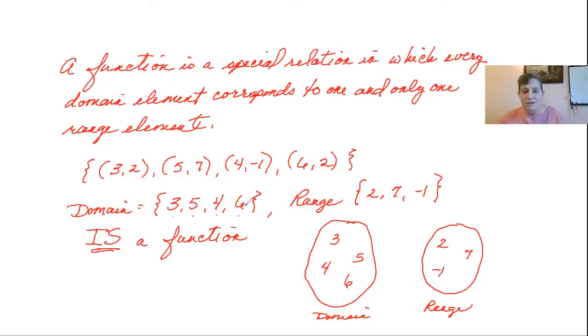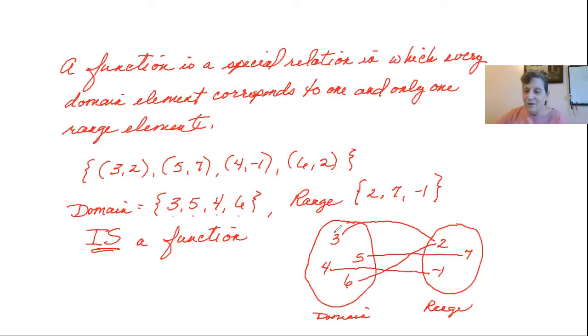Now, my correspondence is just kind of random because I didn't throw anything specific out there, but I can show that the 3 is paired up with the 2. The 5 pairs up with the 7. 4, we call this mapping. 4 is mapped to the -1, and the 6 is also mapped to the 2. So this is called a mapping. All you have to do in a case like this to see if it's a function is only look at the domain and see if there's more than one line coming out of any of these.